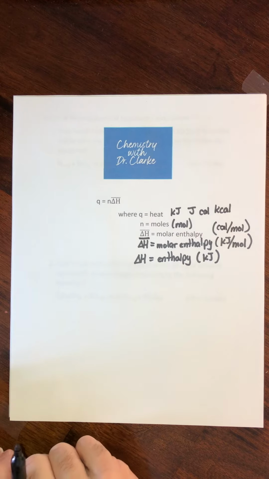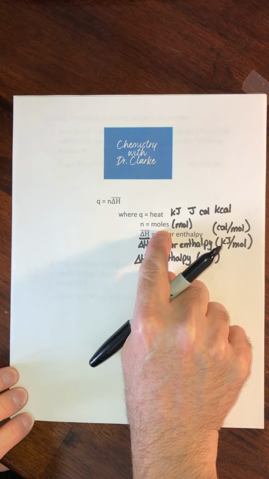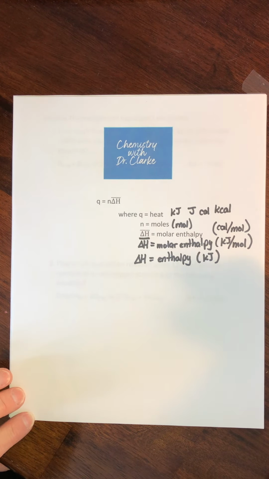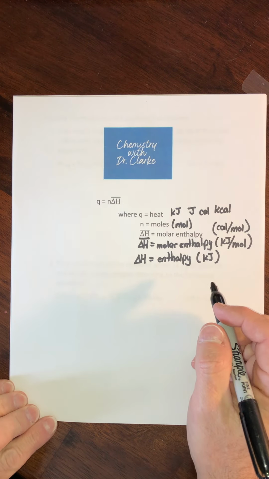Now really, we should talk about a secondary equation because this calculation will require the number of moles. And in the world of chemistry, if we throw an easy question at you, the question will probably say, you had 5 moles of bromine, or you had 10 moles of water. But that's not typical, right?